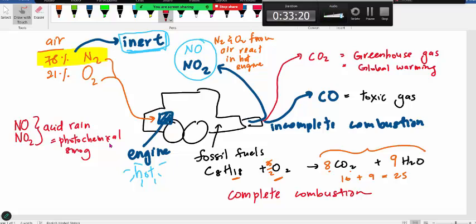Photochemical smog is like when you see things are not clear, like smoke.